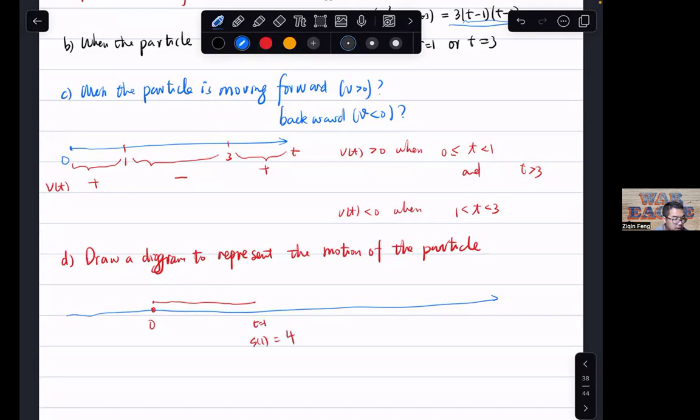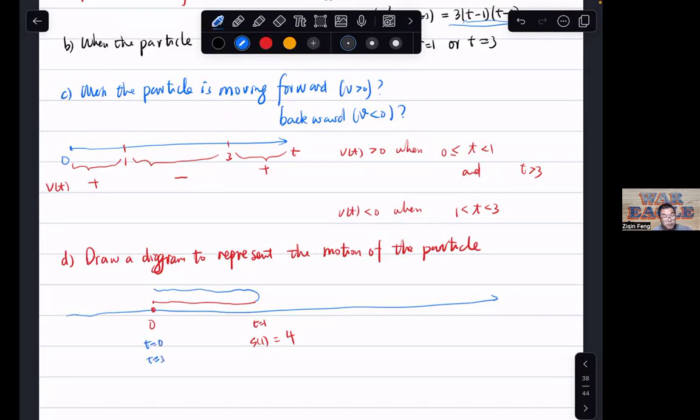Then after that, the particle moves backwards, right? When t is between 1 and 3, the particle is moving backwards until t equal to 3.